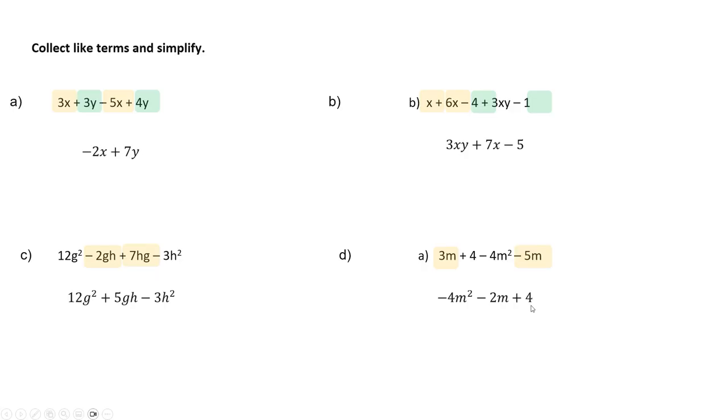Now when we're arranging these, particularly in our final answer, we try and put the terms with the highest exponents first, followed by the term with single variables, followed by our constant. It's just a convention that we use. It makes it easier for people to read.